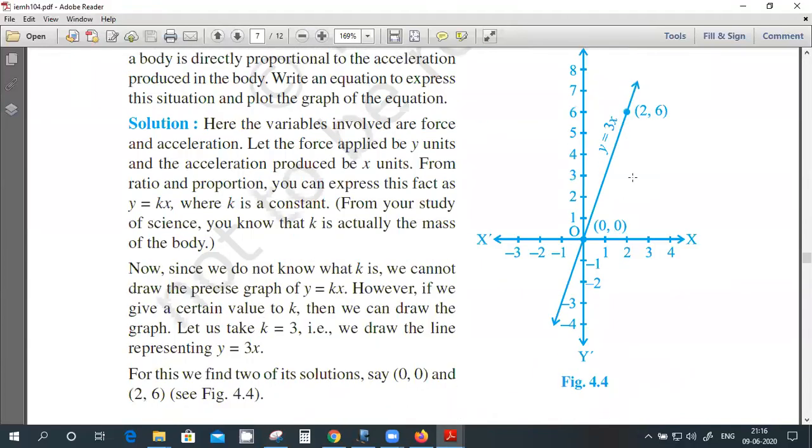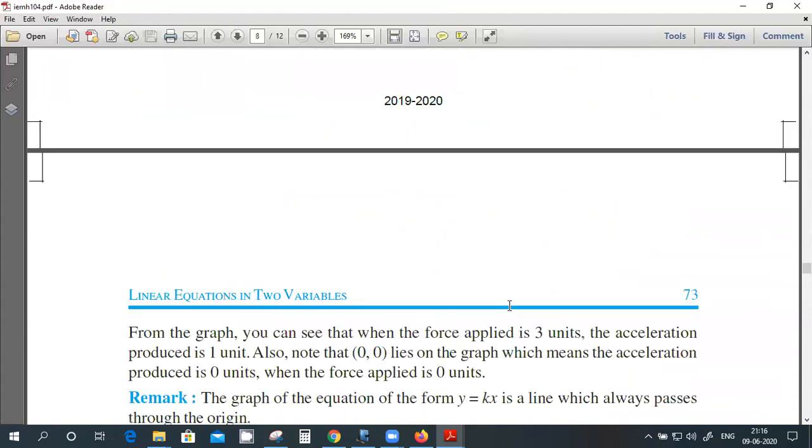And this one is positive because x is increasing and y is also increasing. They are given as y equal to 3x. So 3 is positive. 3 is the slope.